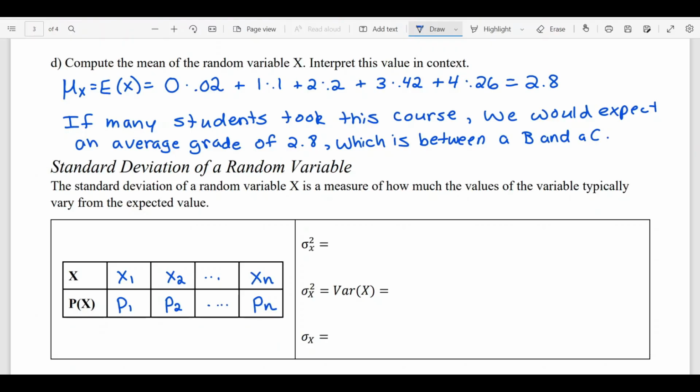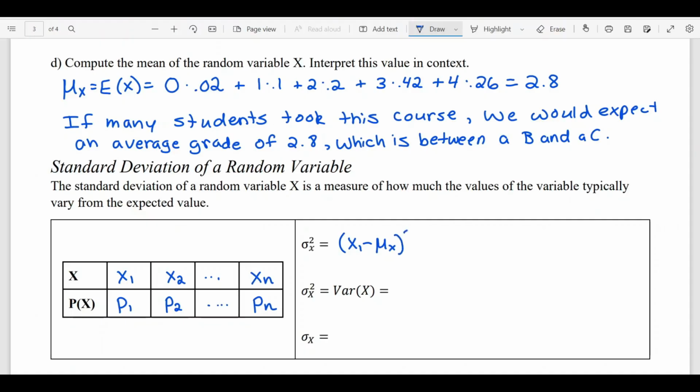So notice I have sigma x squared. That should be a clue. If I have sigma x squared, we're talking about variance. So we're going to find the variance first, and then to go from variance to standard deviation, like we always do, we just square root it. How do we find the variance first? We take our first x value and subtract the expected value, the mean, to figure out that distance from the mean.